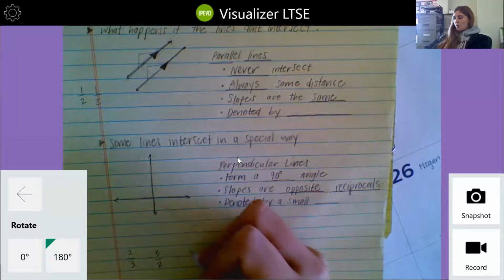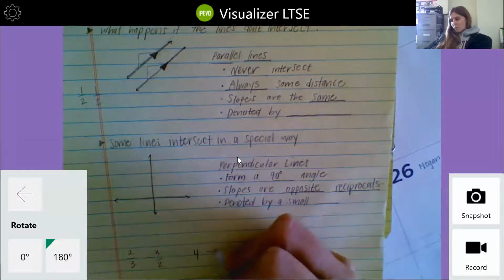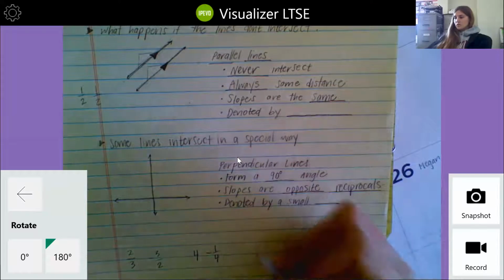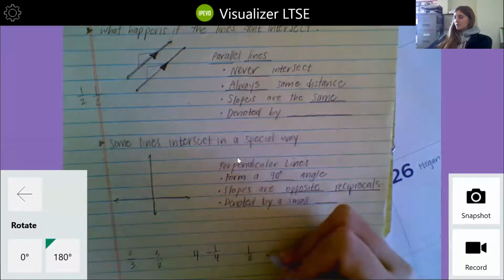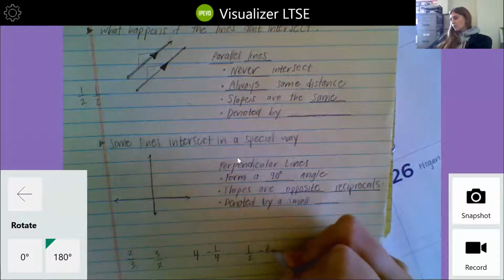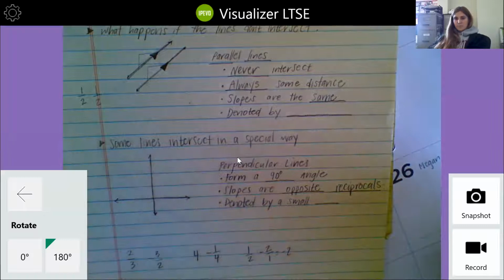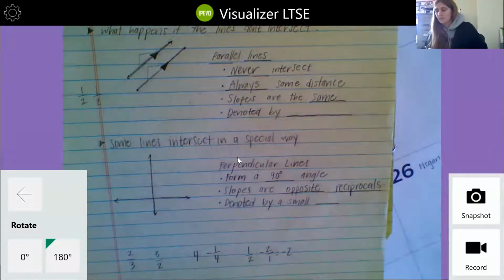So if one slope was 4, the opposite reciprocal would be -1/4. If the slope is 1/2, the opposite reciprocal would be -2/1, which is just -2. Okay, we'll have a little bit more practice to work on that too.